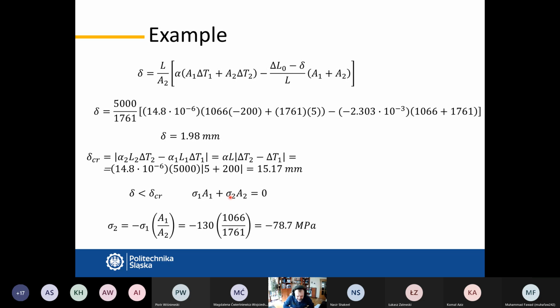So these 2 forces are counteracting, in balance. This is the force in member number 1, the internal pipe, and this is the force in the external pipe. We know what's going on in the internal pipe because the stress is calculated to be 130 on the basis of the gap. So we can calculate what happens in the second one.